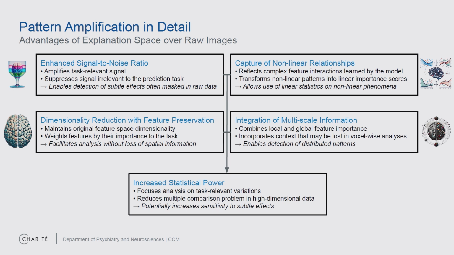Another effect is essentially dimensionality reduction with feature preservation. A problem that we have with brain imaging data is that it's very high dimensional. Depending on what we apply, like univariate testing, we have the multiple comparison problem. If we do machine learning, we have the curse of dimensionality. So ideally, we would like to reduce the dimensionality.